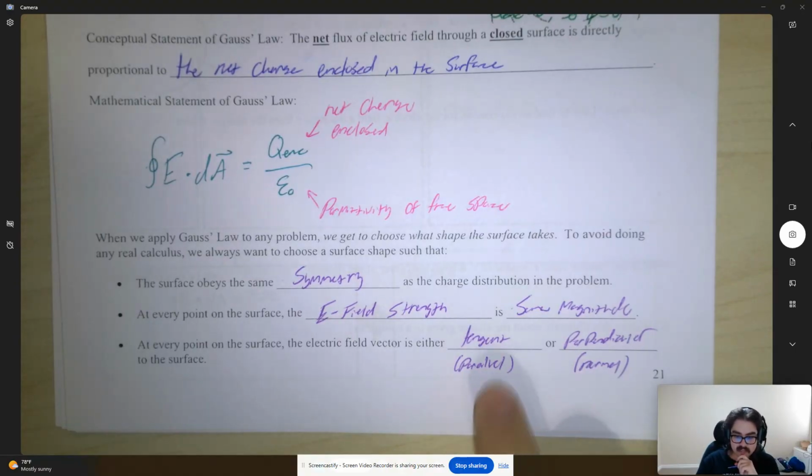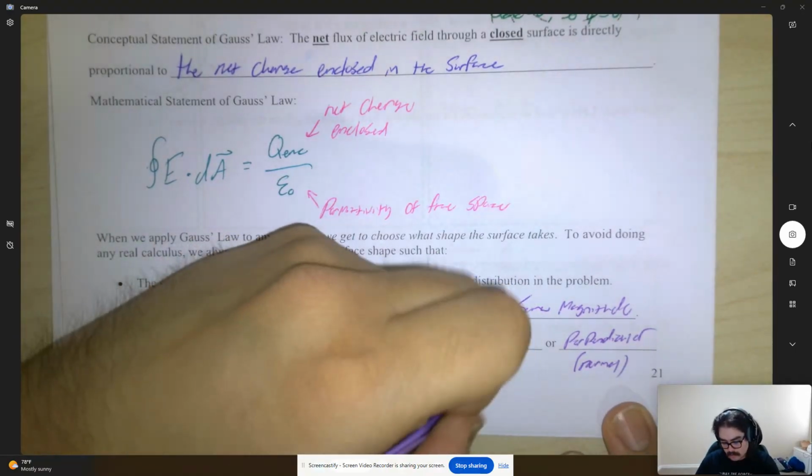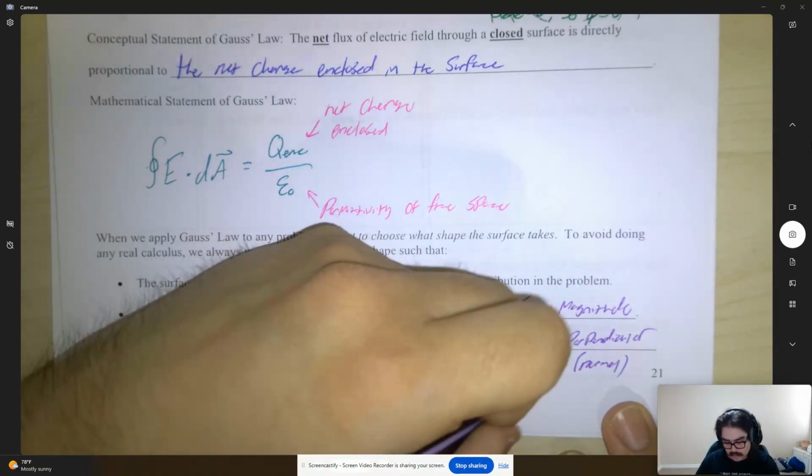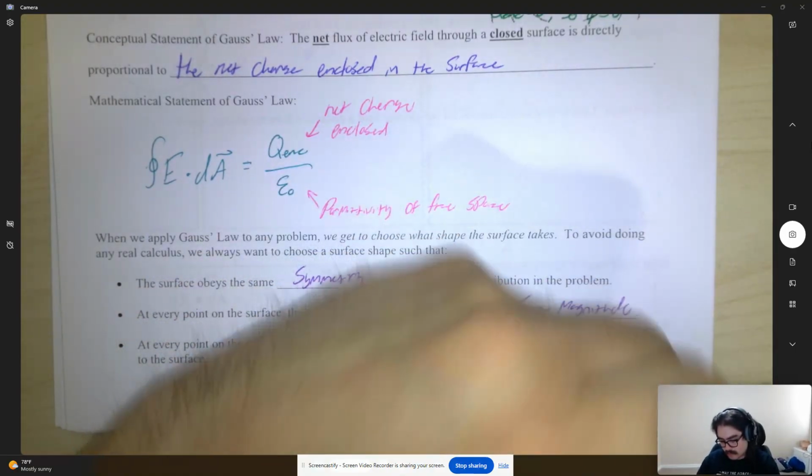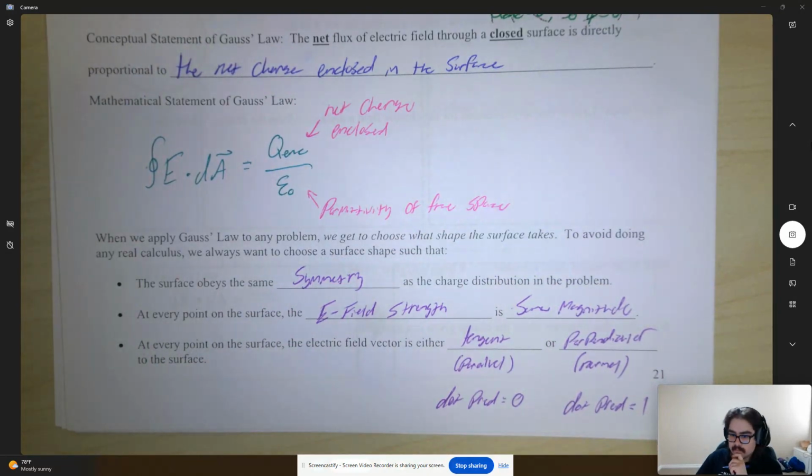If it's tangent, then the dot product would be equal to 0. If it's perpendicular, the dot product is going to be equal to 1. That makes your integral a lot easier. I'm going to show you in the next part how we use Gauss's law to actually solve this stuff. So I'll catch you in the next one.